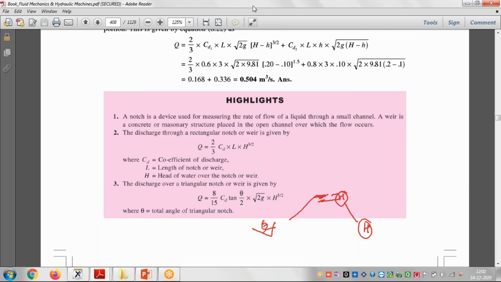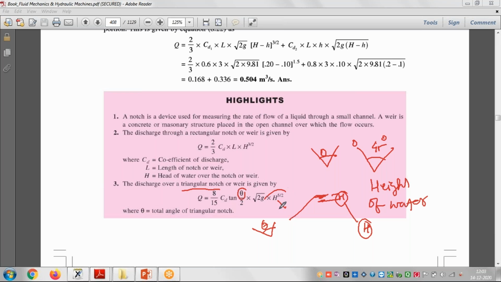So in this formula, this is the triangular notch. In the triangular notch formula, theta means whatever the theta is, this one. Suppose this starts from 0 degree up to this one, say 30 degree or 45 degree. We will put here 45 degree. H is what? The height of water which is flowing through that notch. We will put this value here.